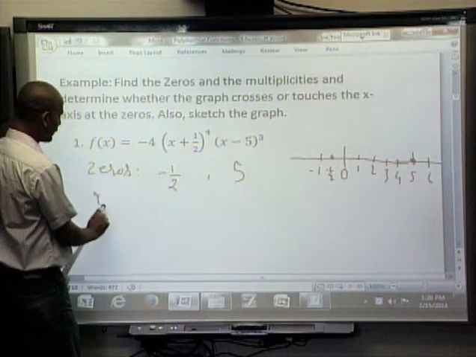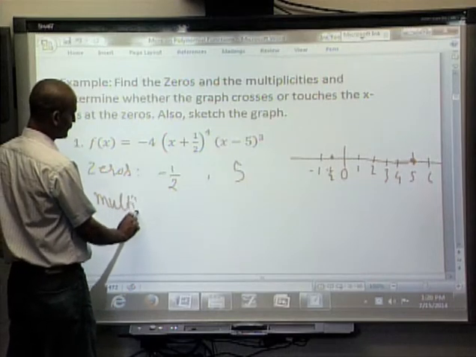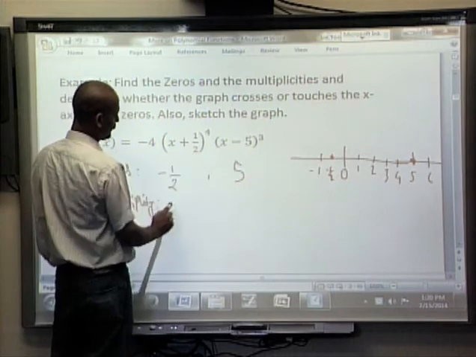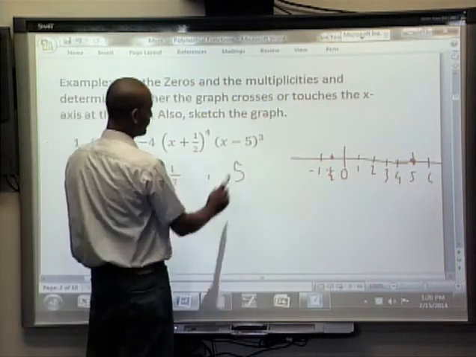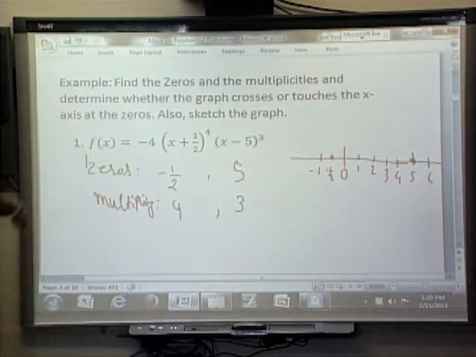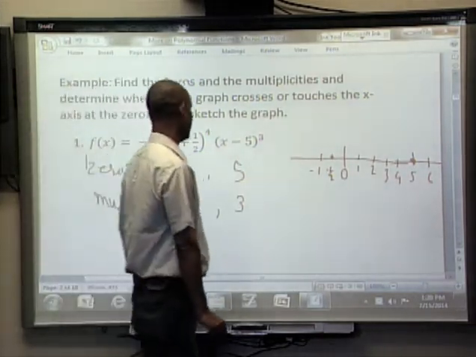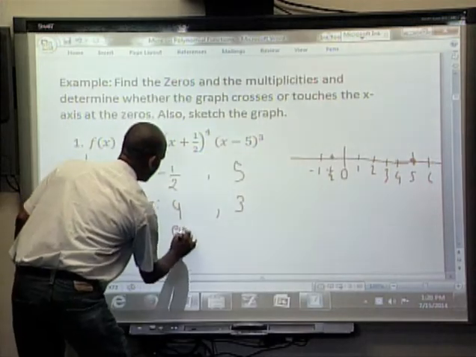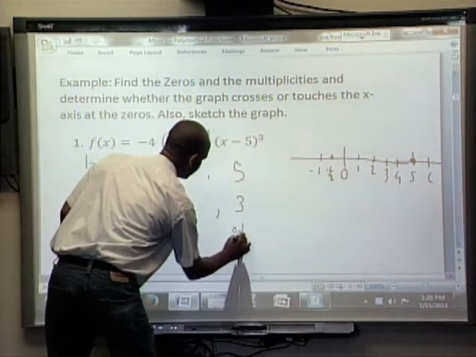In order to identify that, we need to know the multiplicity. The multiplicity of negative 1 half is 4. The multiplicity of 5 is 3. The exponents are the multiplicity. That means this is an even number, this is an even number, this is an odd number.